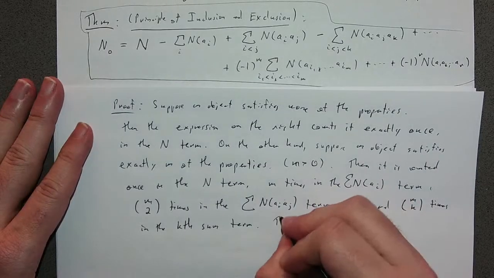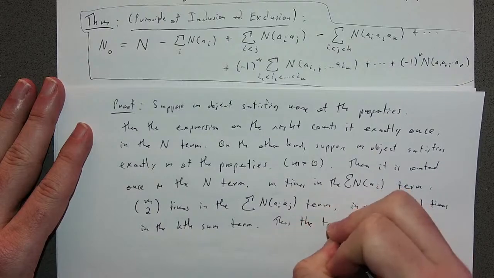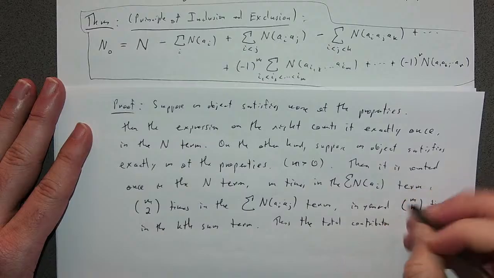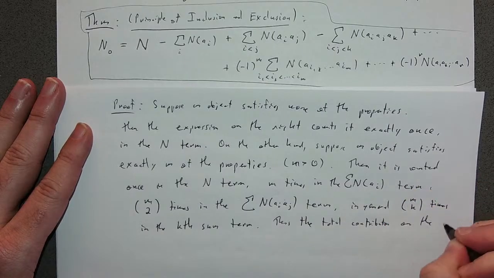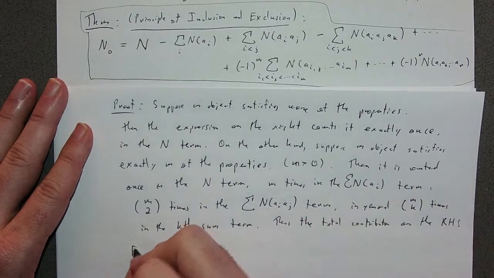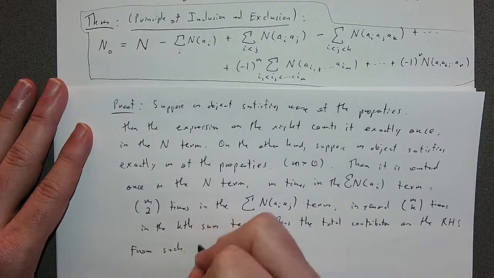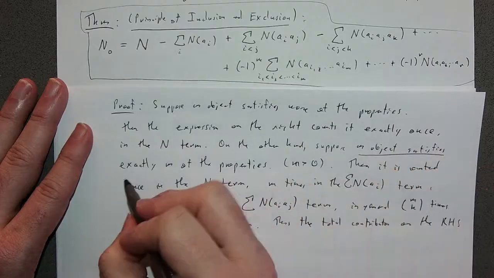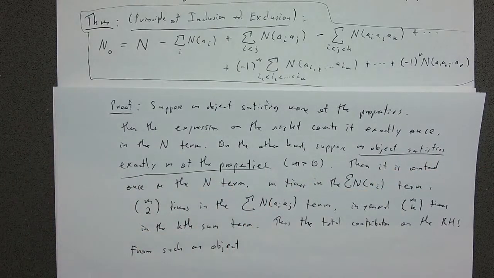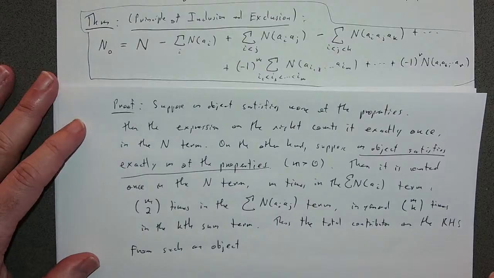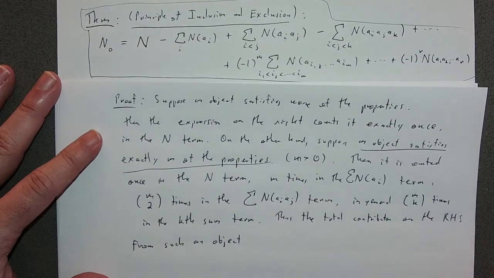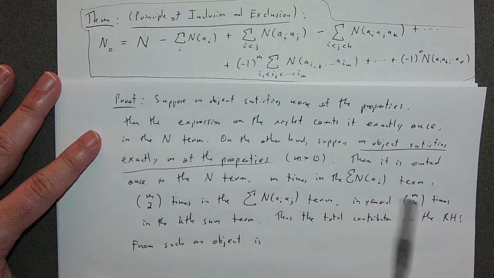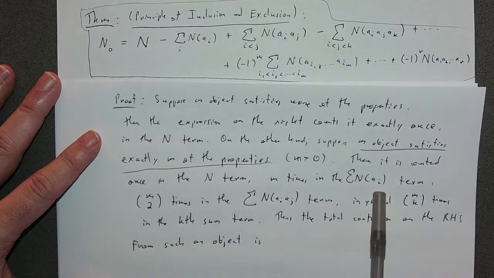Thus, the total contribution on the right-hand side from such an object, an object that satisfies exactly m of the properties, is, I'm summing these binomial coefficient terms, but they're alternating.